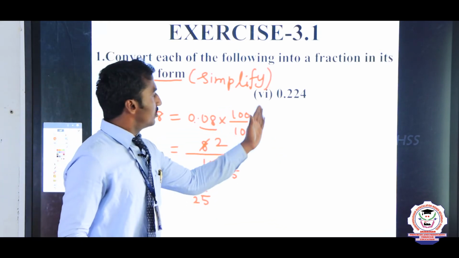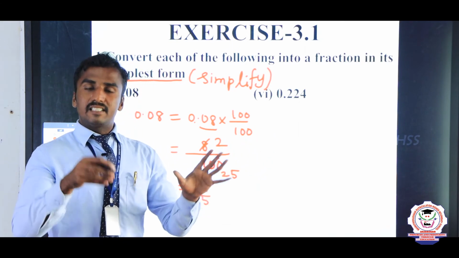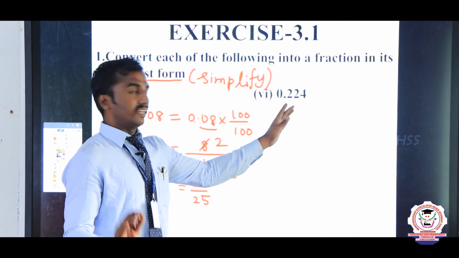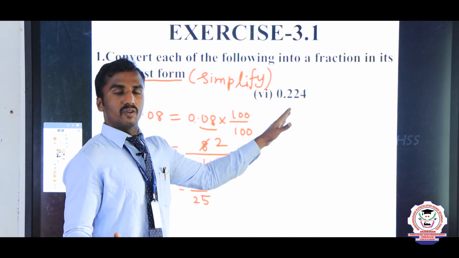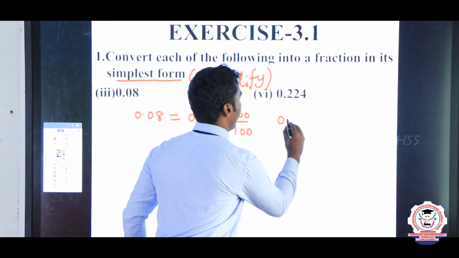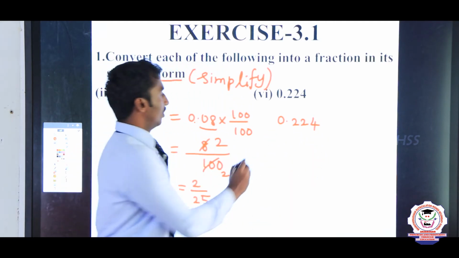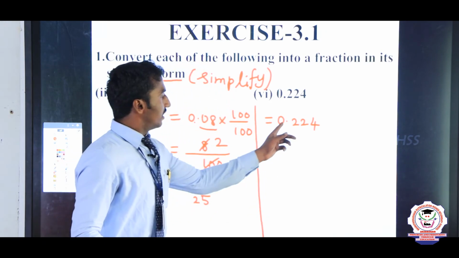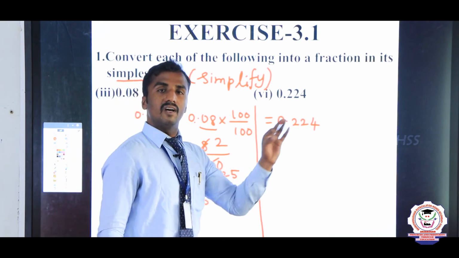One more example, 0.224. After the decimal point we read each digit separately: zero point two two four, not two hundred twenty-four. For the given value, the first step is to count how many digits are after the decimal point.